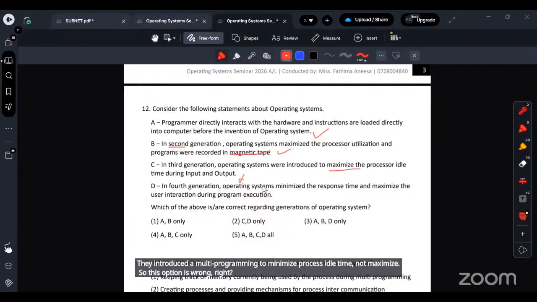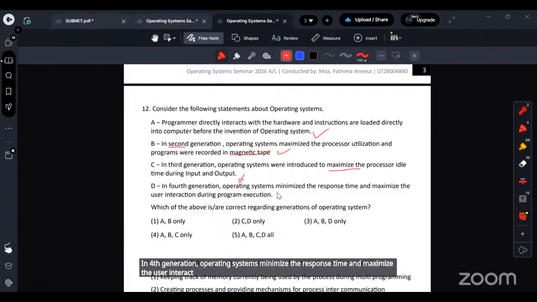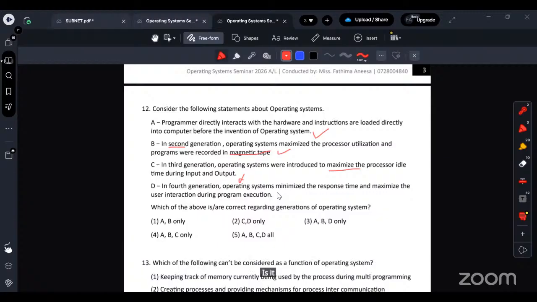In fourth generation, operating systems minimize the response time and maximize the user interaction during program execution. Is it true or false? True, yes.